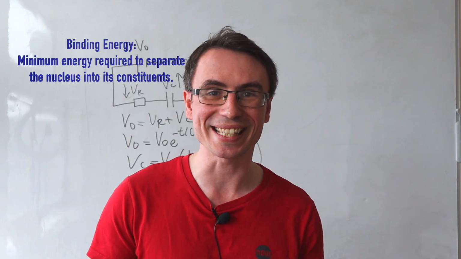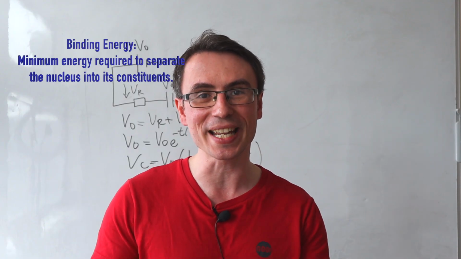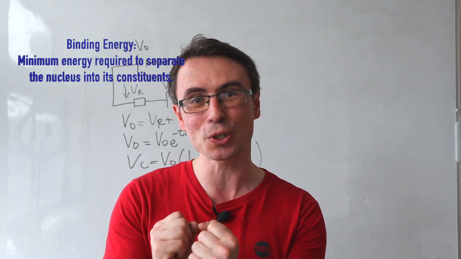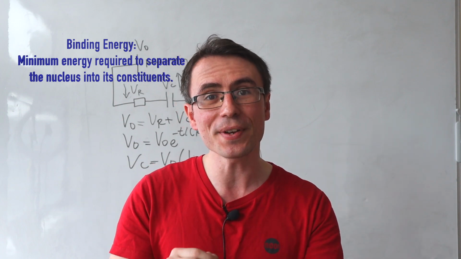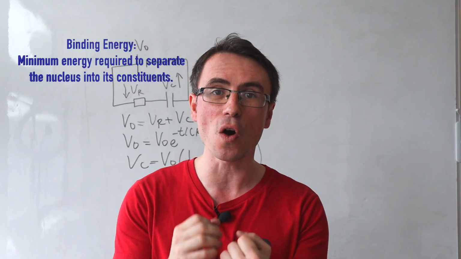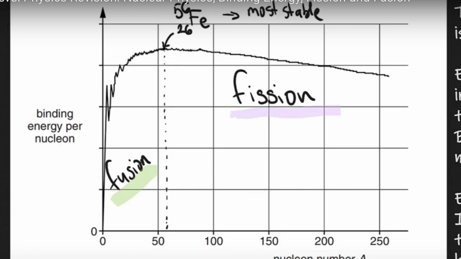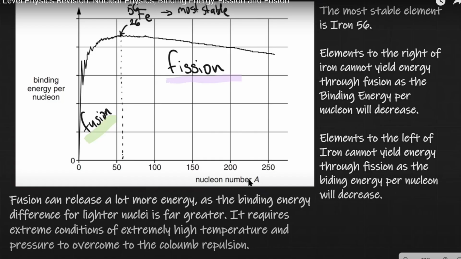In nuclear physics, the binding energy is defined as the minimum energy required to separate the nucleus into its constituents. Be confident in explaining the features of the binding energy per nucleon curve against the nucleon number. In both nuclear fission and nuclear fusion, we're going to a region of higher binding energy per nucleon.